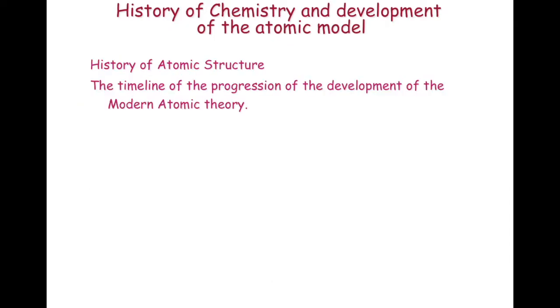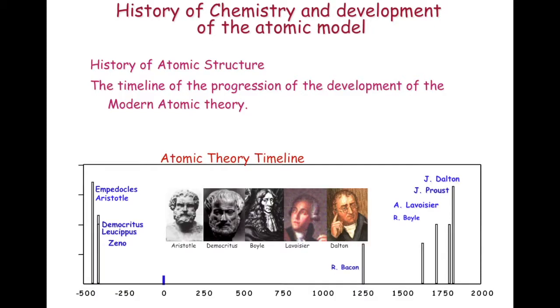The history of chemistry and the development of the atom spans from about 500 BC, about 2,400 years ago, to our current time. You can see that in the beginning there was a lot of speculation as to what matter was, and then there was a dead period in which not much science was developed until we hit the Enlightenment years.